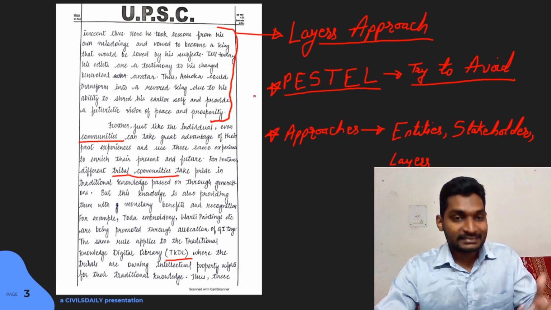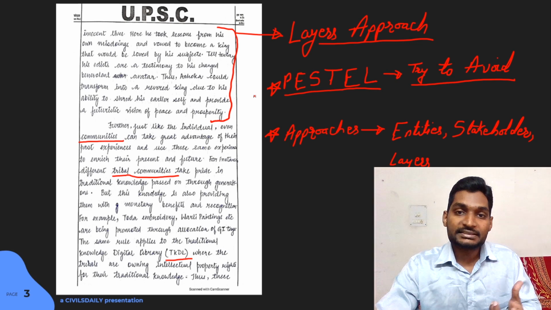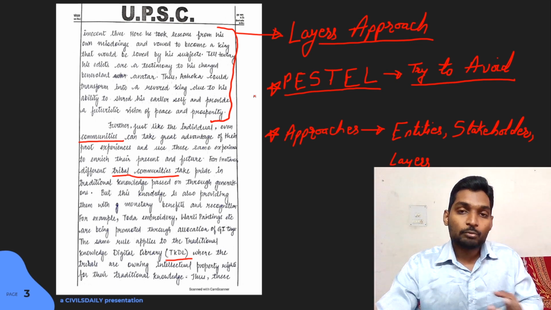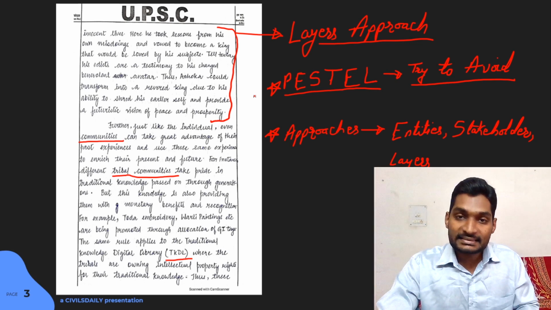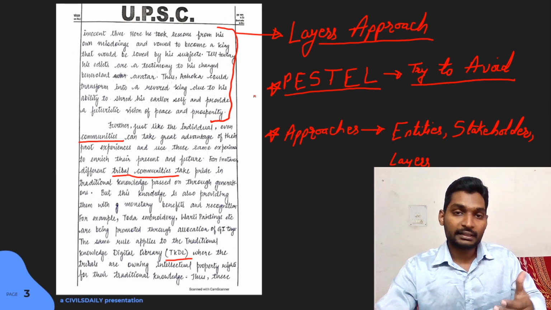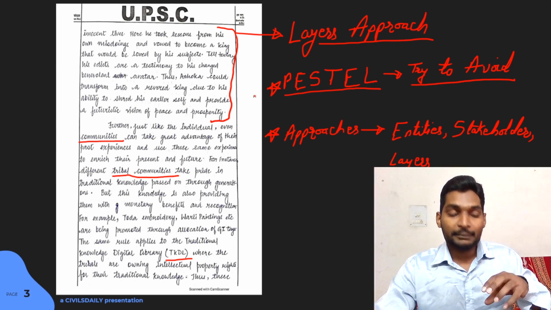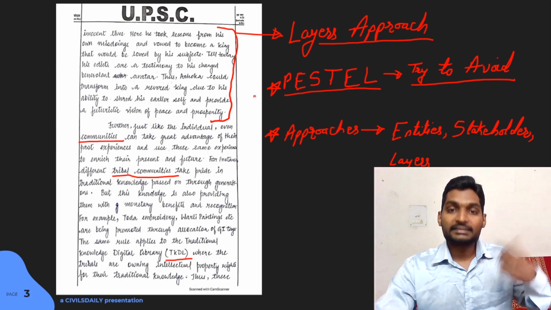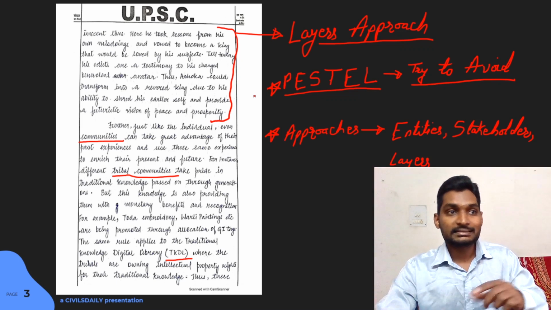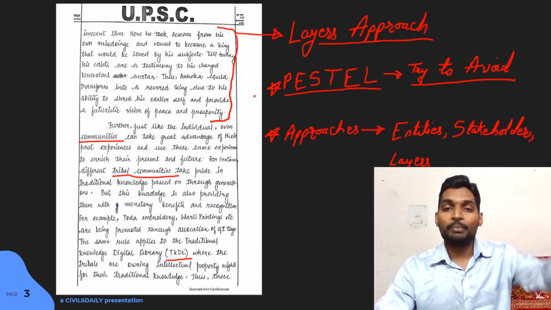Moving ahead, I've talked about the layers approach. So what is the layers approach essentially? We move our analysis in the form of layers. Like we analyze the topic in terms of an individual, then a higher level, it may be a community, then further higher, it may be a society, a state, a region, a nation, and even moving on to the global level.